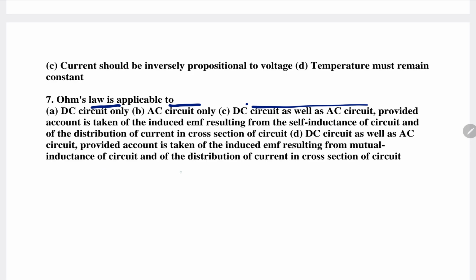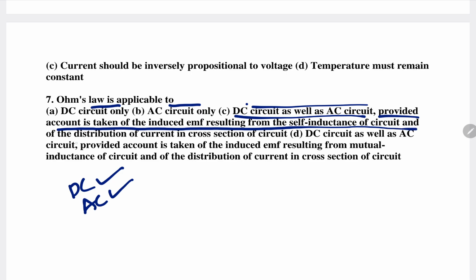Ohm's law is applicable for DC circuits and also for AC circuits. But in AC circuits we have to consider some other factors also, such as the induced EMF from self-inductance and the distribution of the current in the circuit.